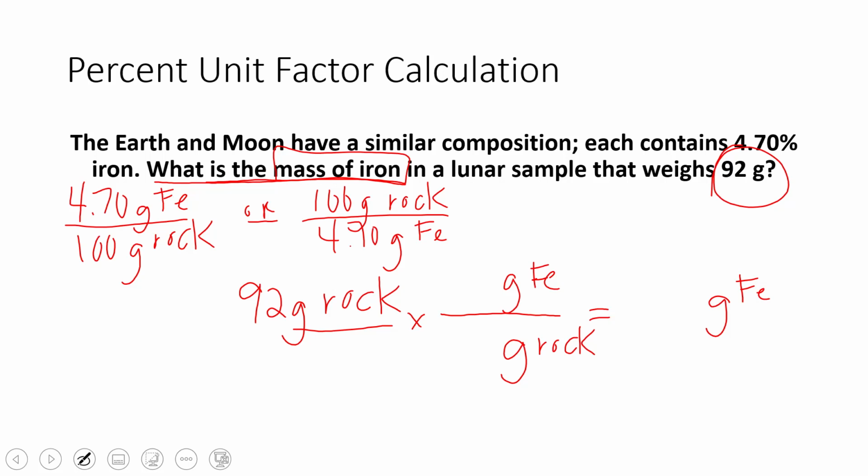So which one of these conversion factors is it? This guy. We're going to plug that in over here. So I'm going to say my 4.70 grams of Fe over 100 grams of rock. And I should get 4.324.